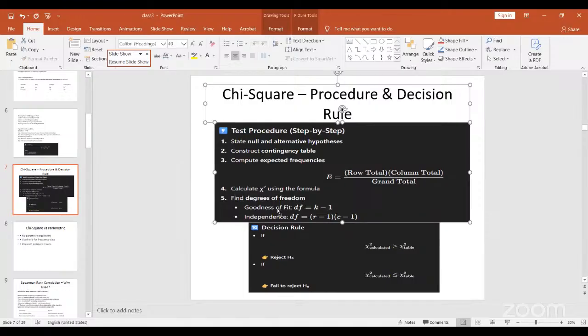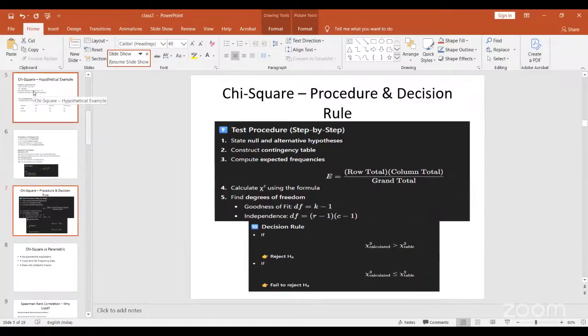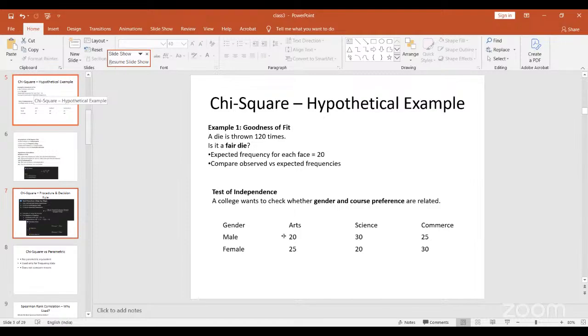so what is the expected frequency? The formula for expected frequency is row total times column total divided by the grand total. For this part, this is the row, calculate the row total, the column total obviously, and the grand total will be this side, right?